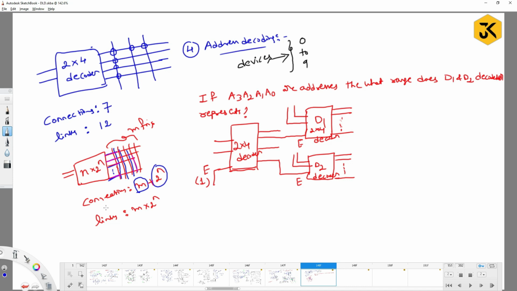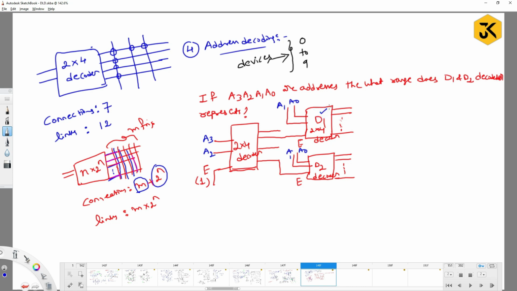What is the output that is produced by D1 and D2? Can you observe? So guys, try to understand. Can I take this as A3 and A2, and this is A1 and A0. This is also A1 and A0.